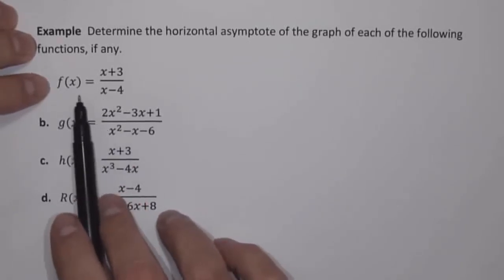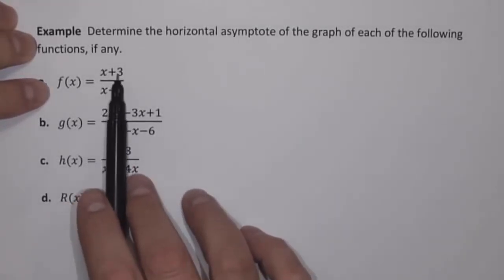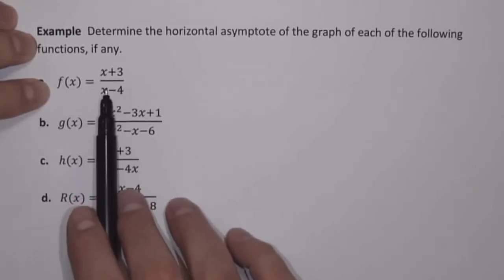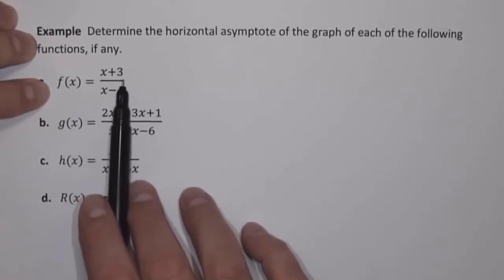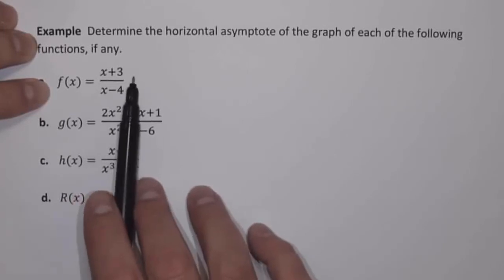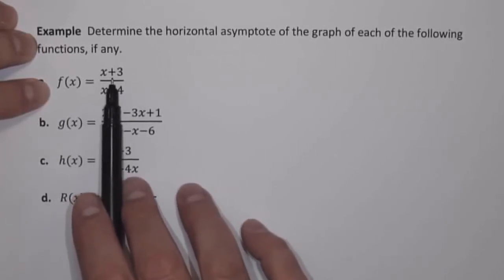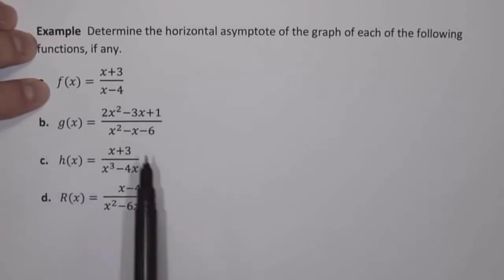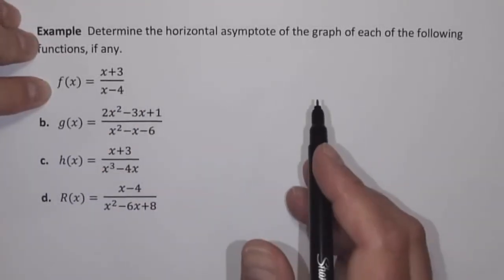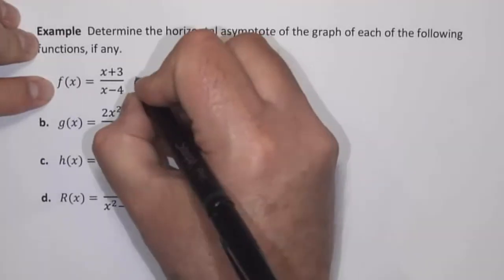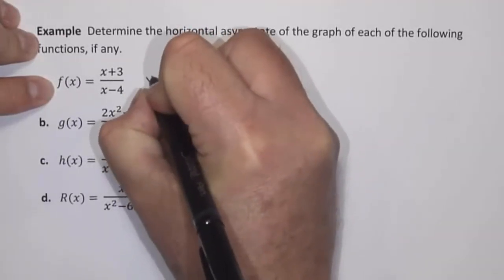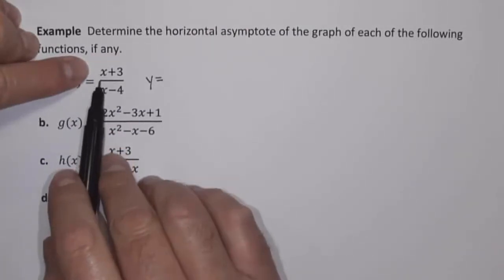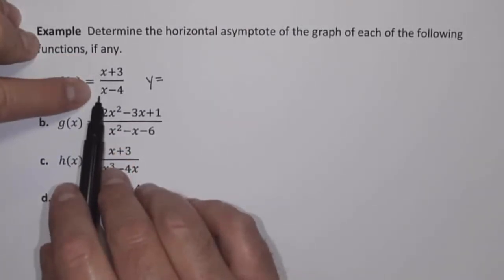So if we take a look at this first function, f of x equals x plus 3 over x minus 4, notice that the degree of the numerator is 1, because we just have x plus 3. And the degree of the denominator is 1. So we're going to have a horizontal asymptote. And the horizontal asymptote is going to be y equals the leading coefficient of the numerator over the leading coefficient of the denominator.